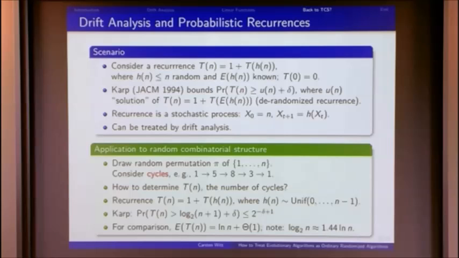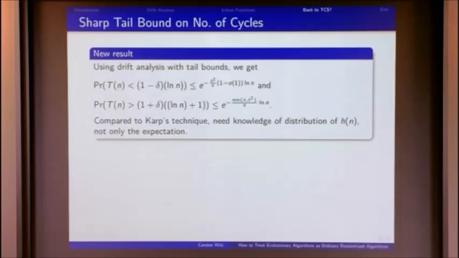In drift analysis with tail bounds, we follow a different approach. There, we can use the distribution of the stochastic process as we go from time t to time t plus 1. And in drift analysis with tail bounds, we get a sharp concentration around the real expected value. Very similar to Chernoff bounds. But again, Karp's technique is optimal, assuming that you only know the expected size of the derived problem.